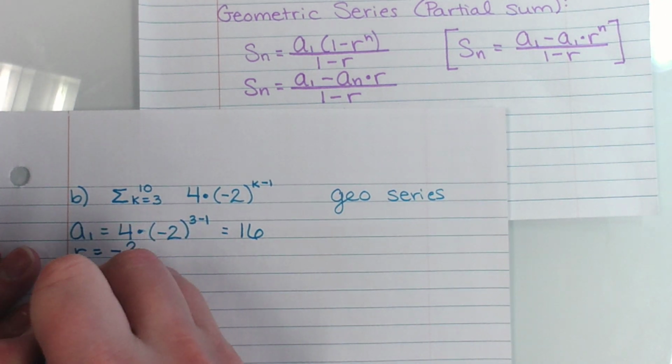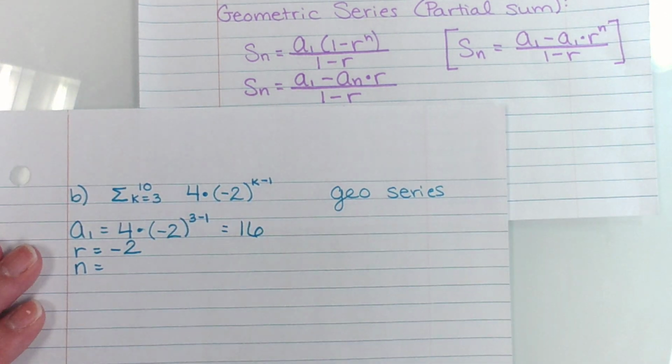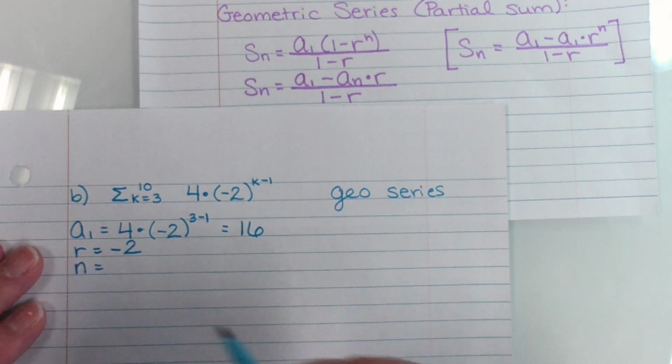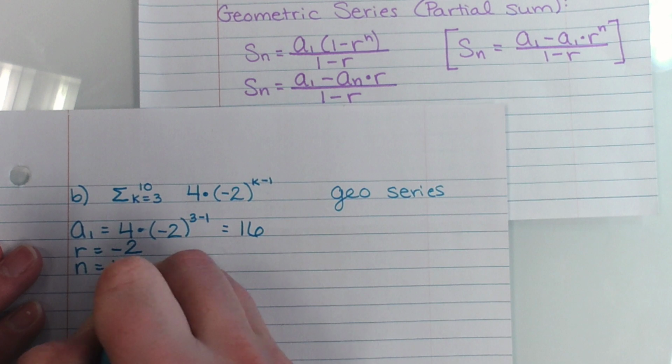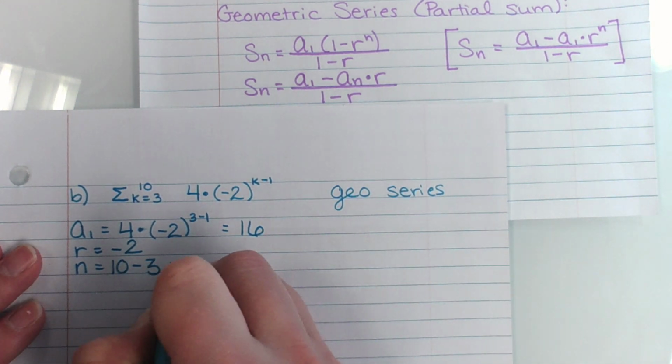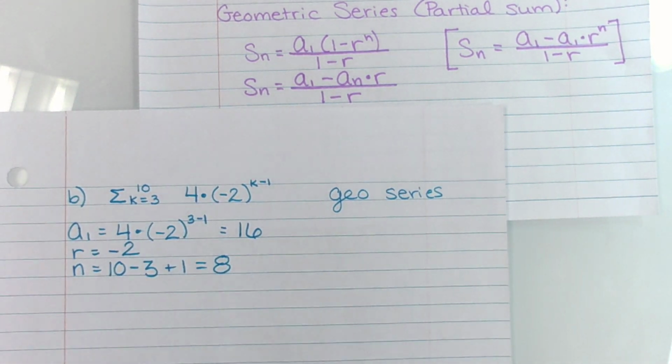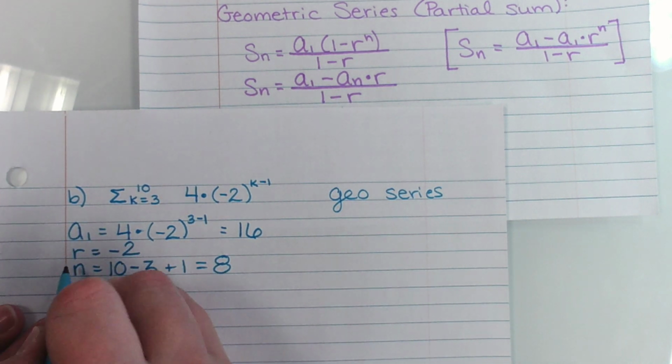Logan, how do I find n? Top number minus bottom number plus 1, so 10 minus 3 plus 1. 10 minus 3 is 7, plus 1 is 8. Lindsay, how do I find a sub n?